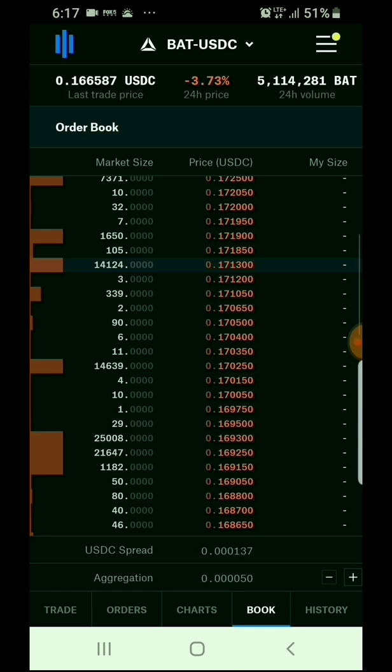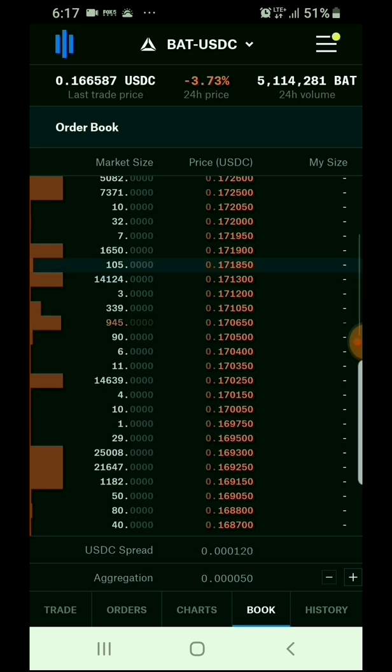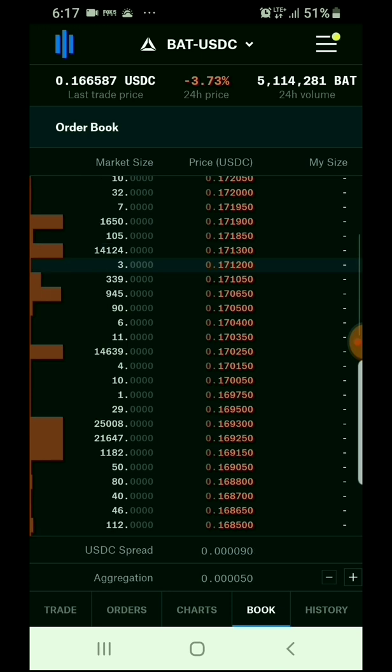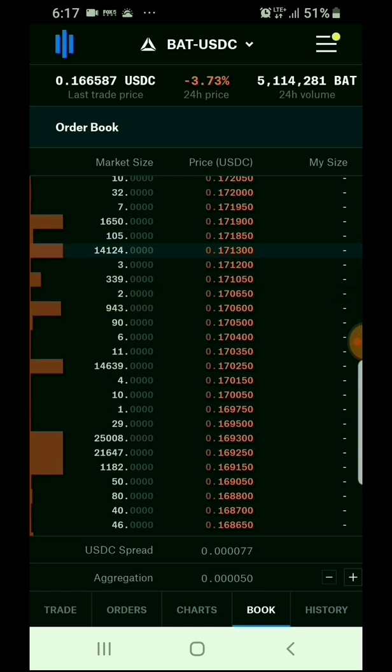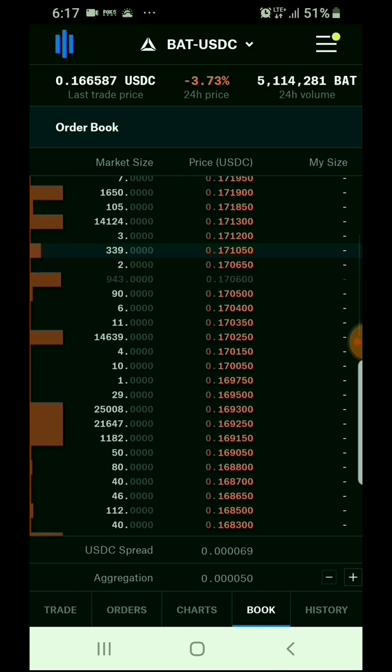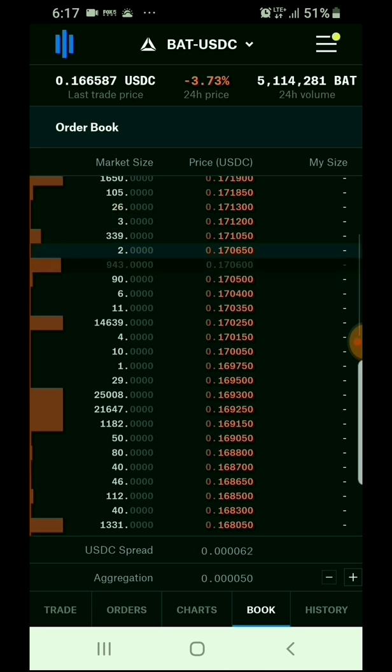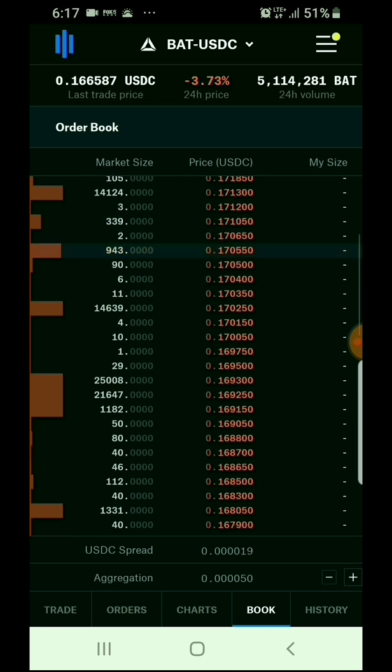But because of the gap, the number below this, you see 1.171200, you see 1.71300, right here on 3. I could actually key in the number that I want to put in for that order, and it'll show up in that little area, okay? I'm on my phone, guys. Sorry about this. Hopefully you're able to follow me.